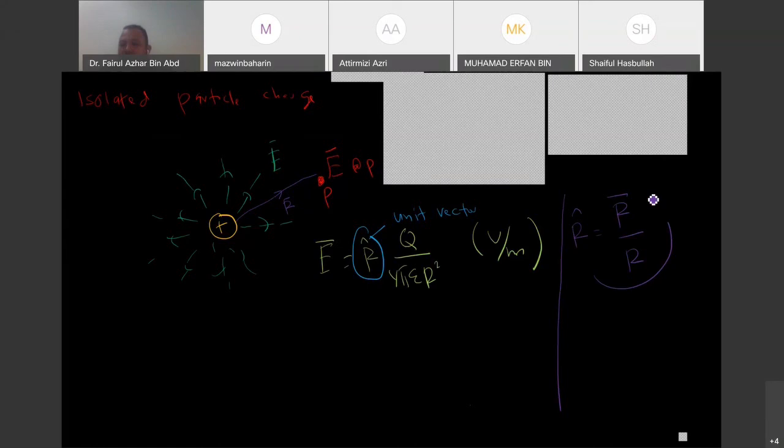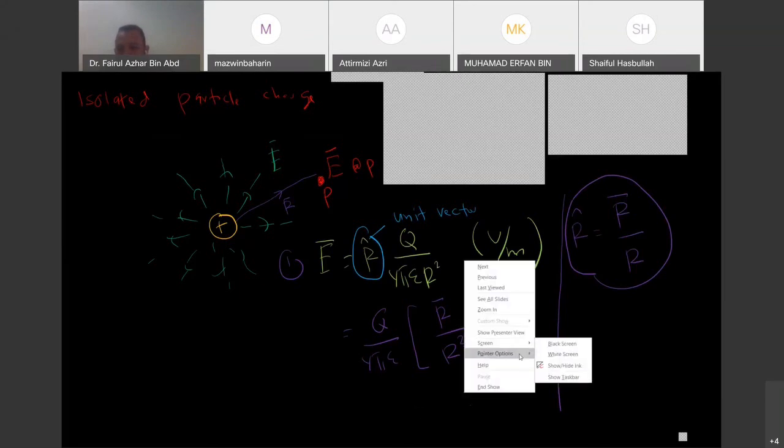So by considering this expression for R cap, if we put it inside this formula, we will have Q divided by 4 pi epsilon, multiplied by the vector R, divided by R to the power of 3. Okay, so this is the first statement of Coulomb's law.